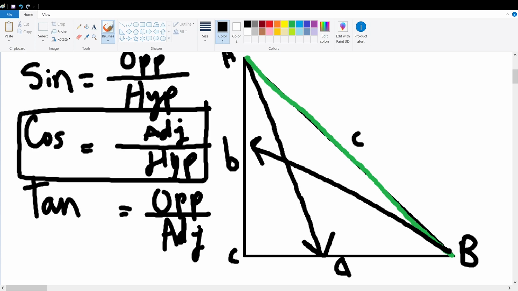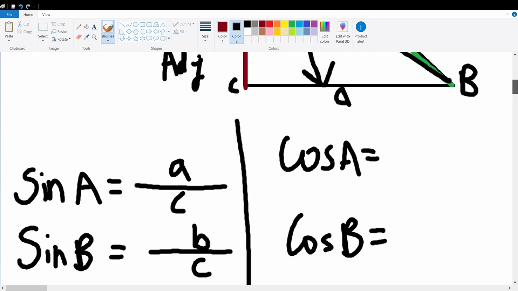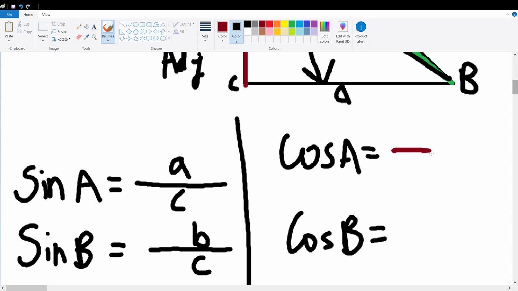Relative to angle A, the adjacent side is side length B, drawn in this reddish brownish shade, with the hypotenuse remaining C. Therefore, cosine of A is B over C.